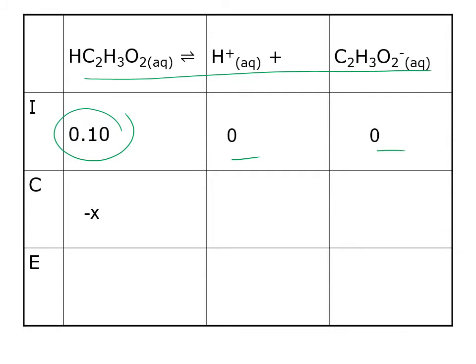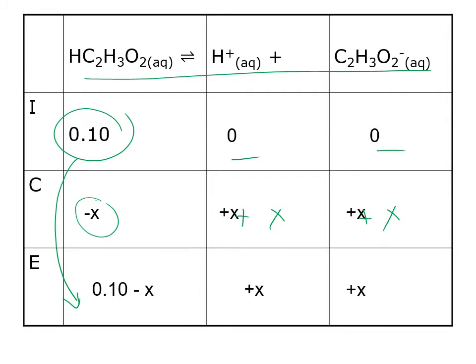They're going to change by some amount, and we don't know what the percent ionization is in this particular case. So we know that it's changing, but we don't know by what. And so we're going to use the variable x. And if the acetic acid is going to go down by x, then we know that these two are going to be going up by x. So we end up with 0.1 minus x and x as our equilibrium concentrations.